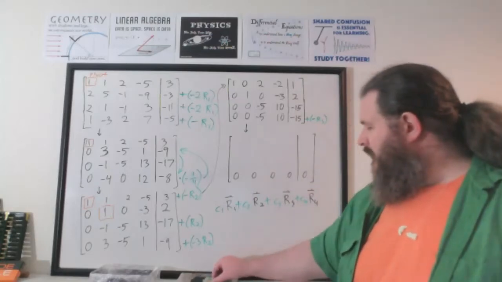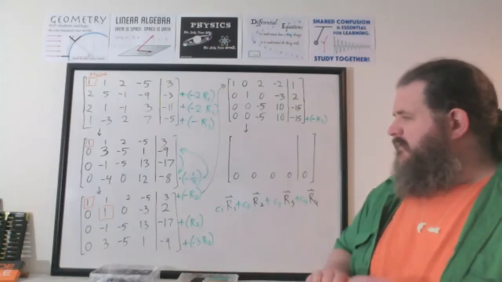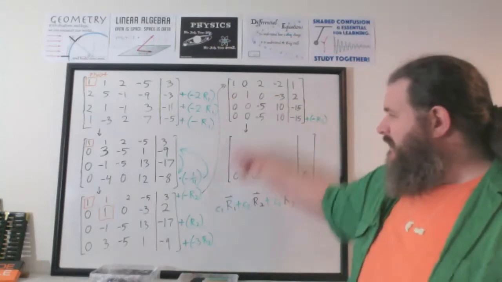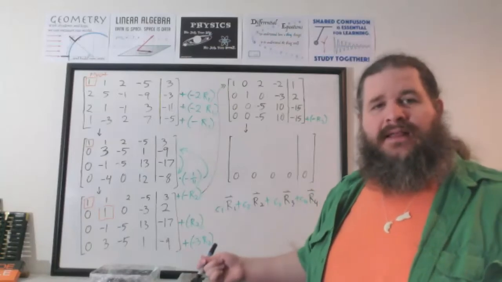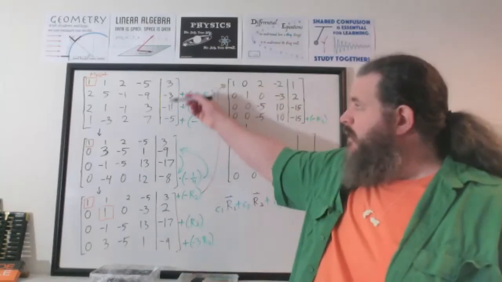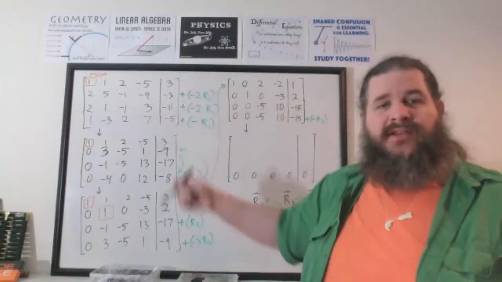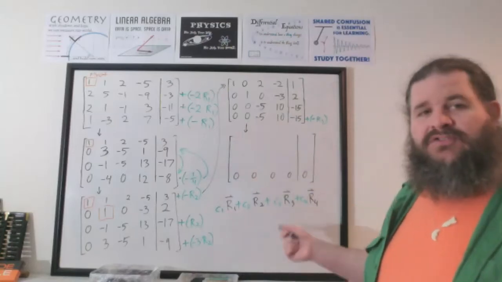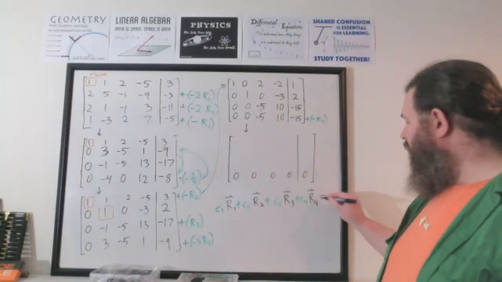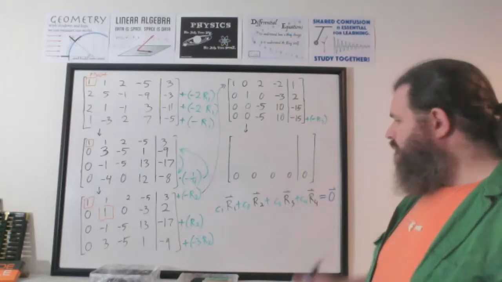Yeah, a row of all zeros. We found a way, and of course we kind of lost track of exactly what we were doing, but we could go back and reconstruct it. We could figure out exactly what we were doing with the first row, second row, third row, and fourth row of the original matrix to build this row of all zeros. There was some linear combination we just constructed that resulted in the zero vector.